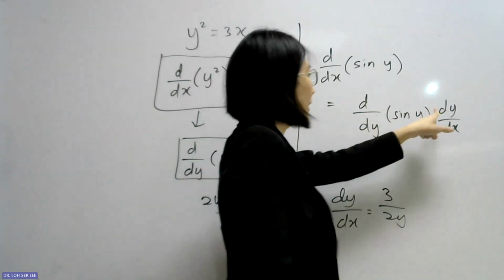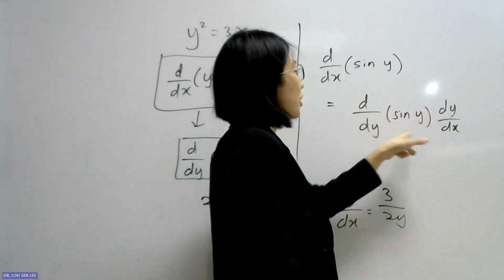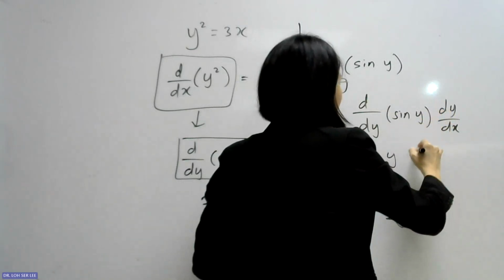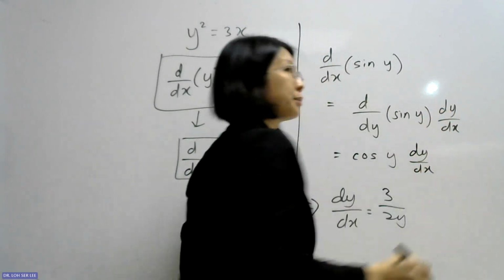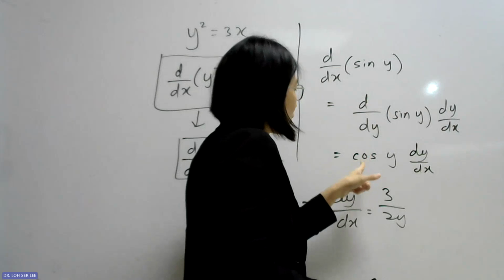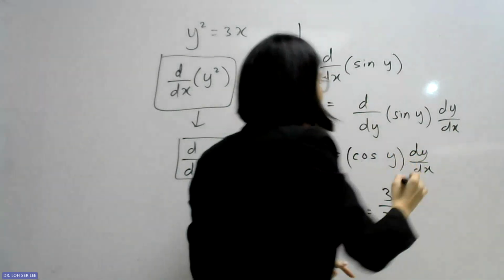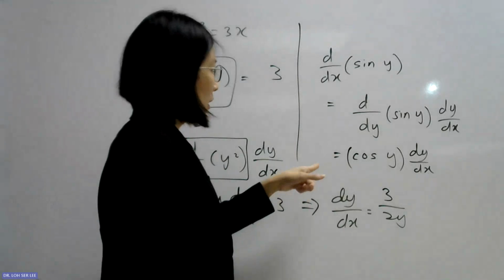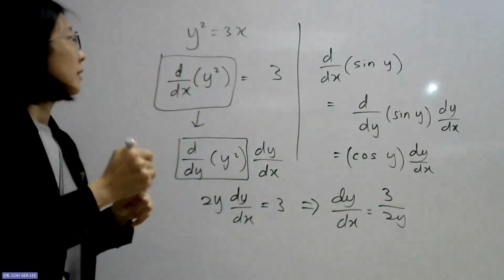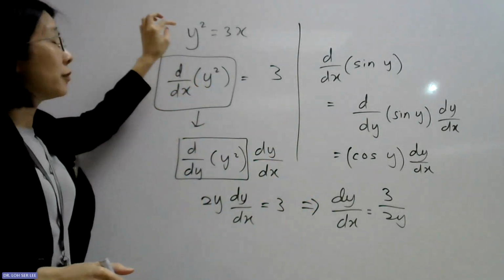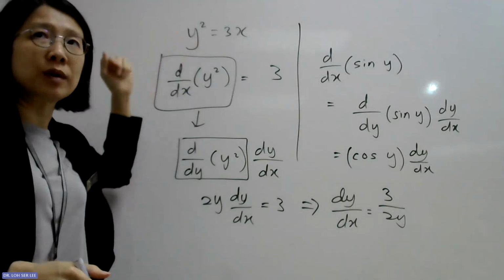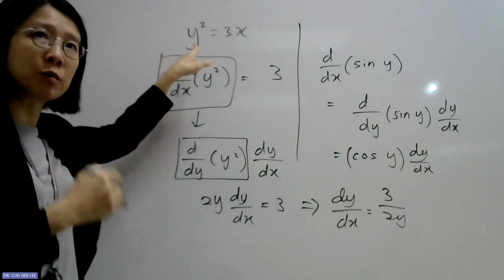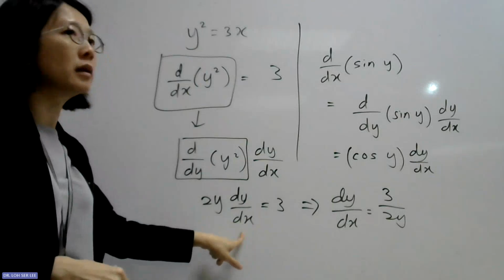After you insert dy here, now we differentiate this one. We get cos y and then dy dx. This means cos y times dy dx. So in short, when we want to differentiate a function in y with respect to x, you differentiate the function with respect to y, but followed by a dy dx term.